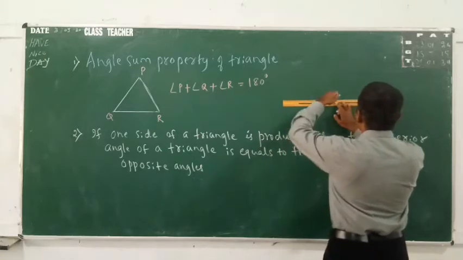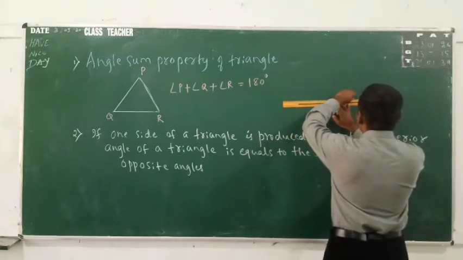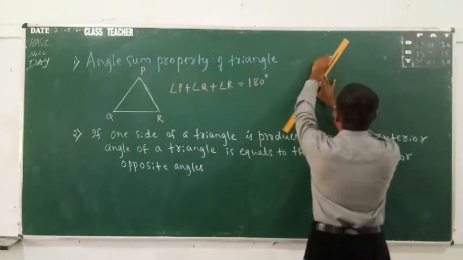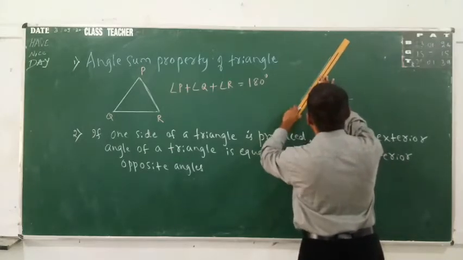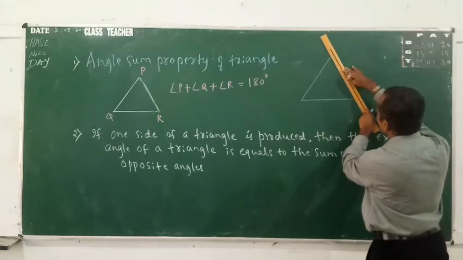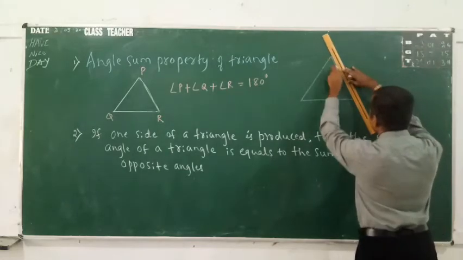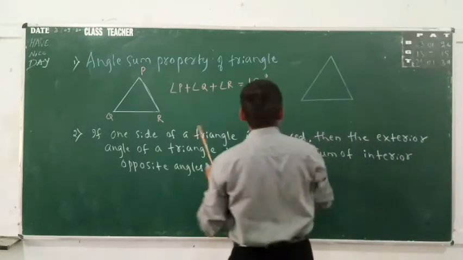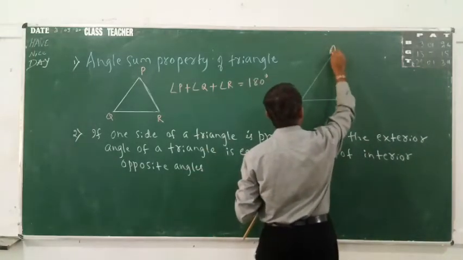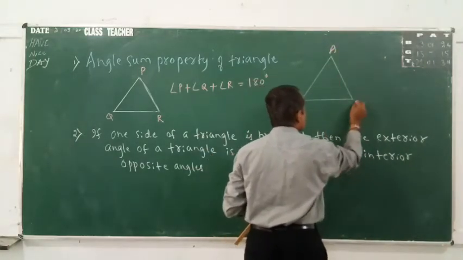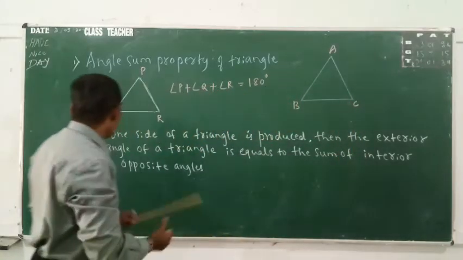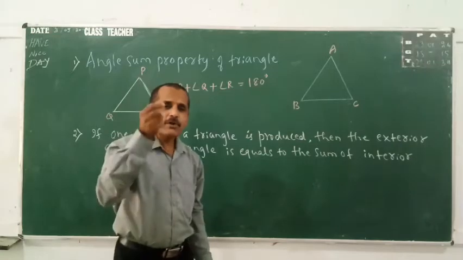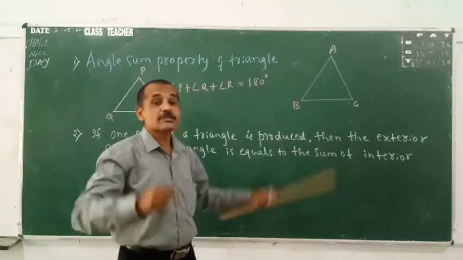See here, I have drawn a triangle. Okay, this is triangle PQR. Let me call this triangle ABC. What they say, if one side of a triangle is produced, any one of the sides of this triangle has to be produced.